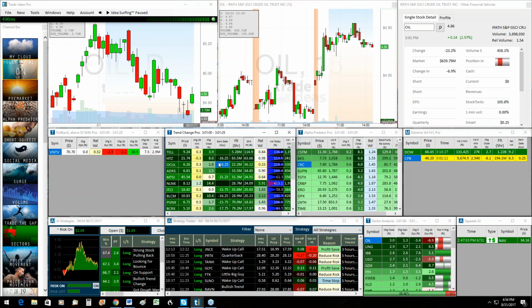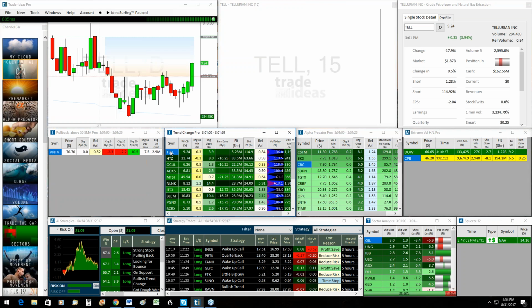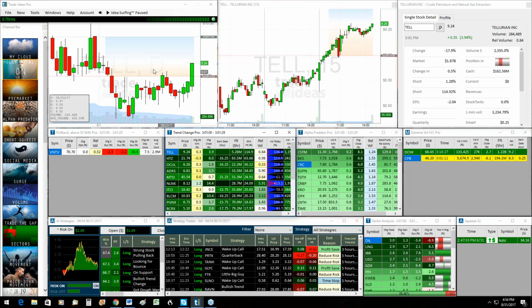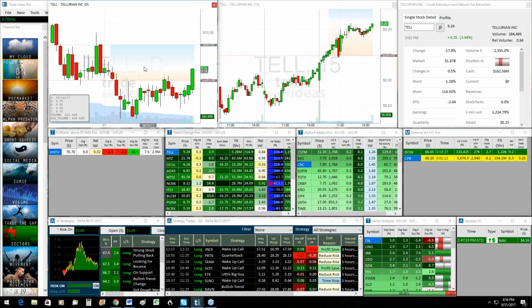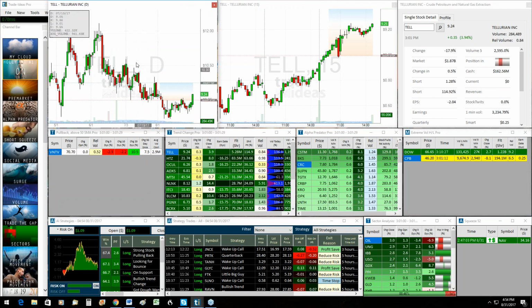When you have a top list, you want it set that way, because it lets you do nightly scans. So now I can take this Trend Change Pro and go through stocks and see, this one's looking pretty good there on the daily chart, potentially breaking out of a trend right here, maybe one to watch.